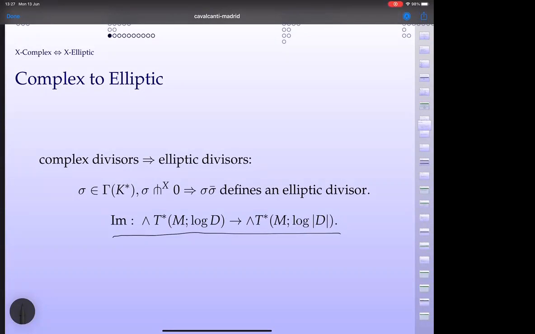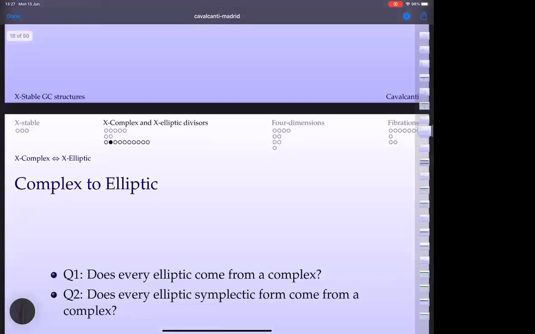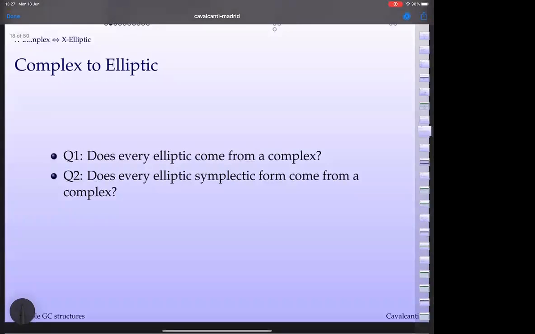So that's where the symplectic form, the thing that is actually interesting, the one that's giving me the complex structure, lives. And then you might ask yourself, can I go backwards? Does every elliptic divisor, every elliptic tangent bundle, come from a complex tangent bundle by this procedure?